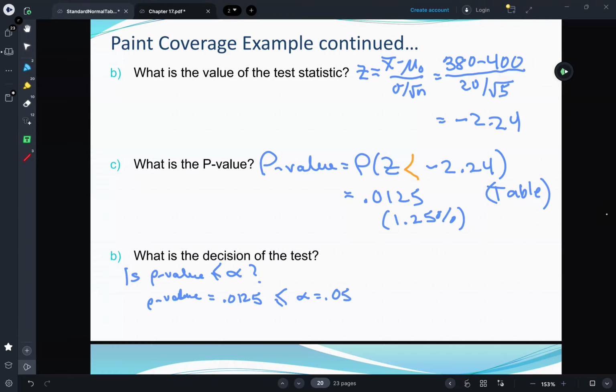Is this number less than this number? Yes or no? Yeah, right? We have another yes. The answer is yes. And so therefore we reject the null hypothesis that the gallon covers 400 square feet.